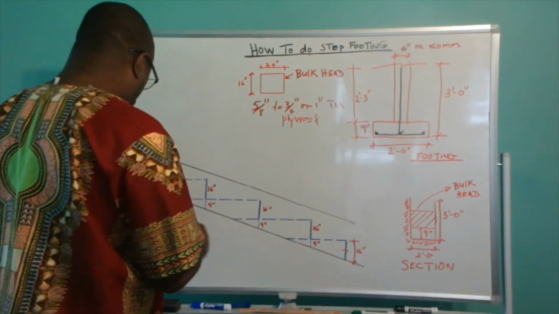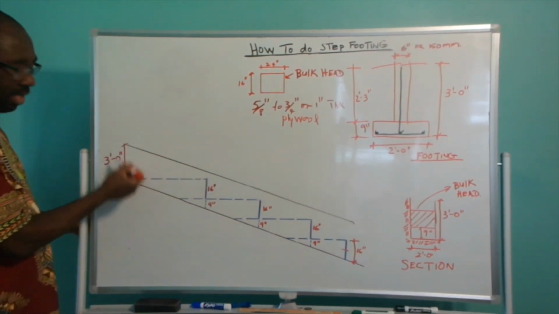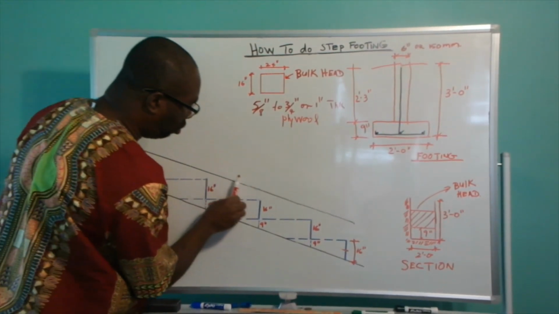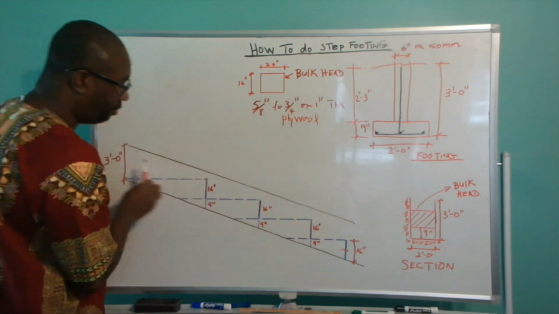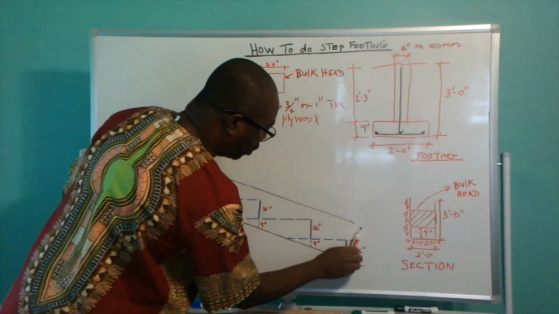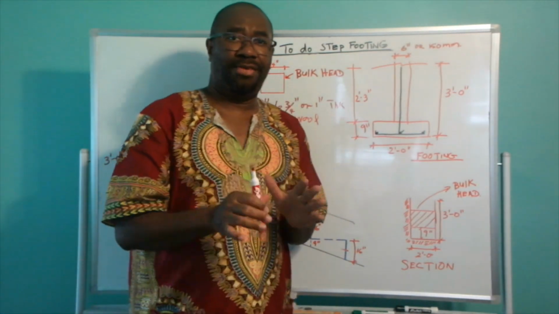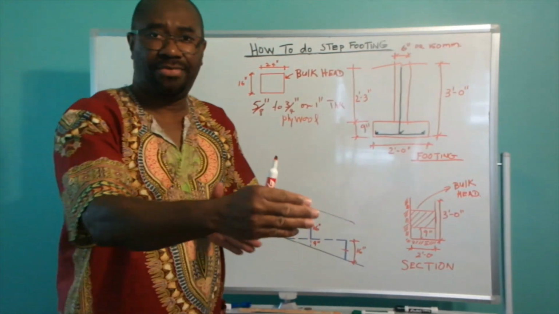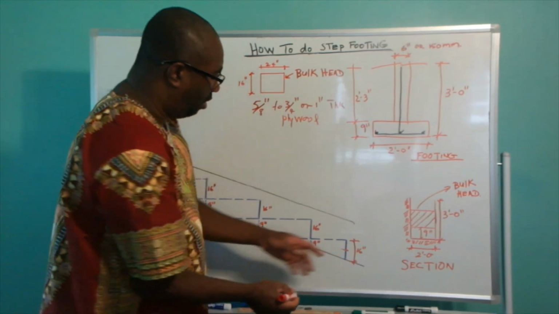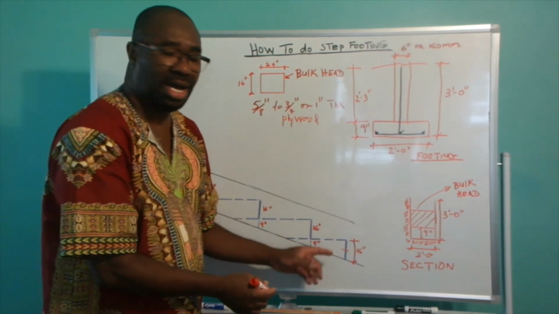So you're going to excavate your trench at a 3 feet depth, and that 3 feet depth is going to be consistent throughout the slope of the land. So you're going to excavate 3 feet right along the slope of the land. After you have excavated your depth of 3 feet and your width of 2 feet, right, you're going to put up your first bulkhead. And your first bulkhead is going to be 16 inches in height.